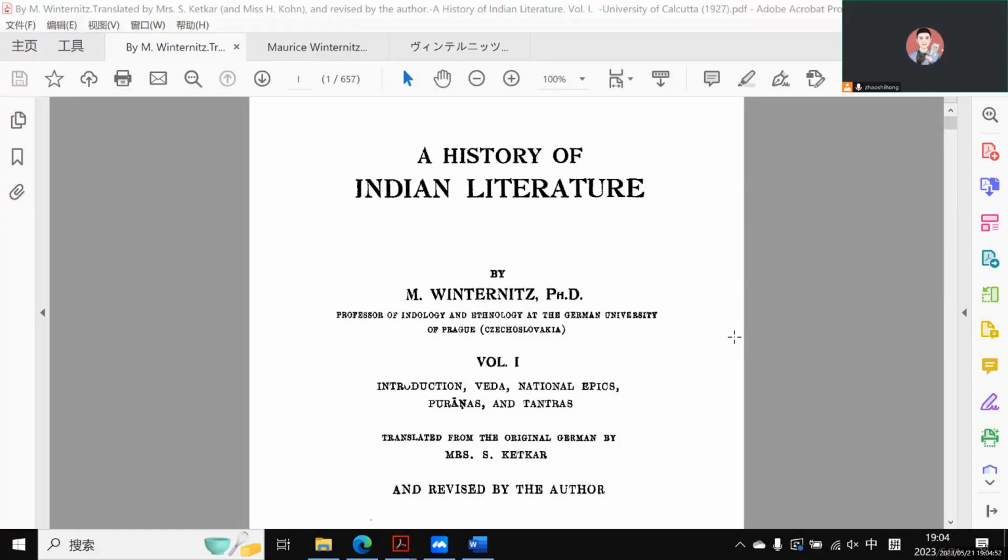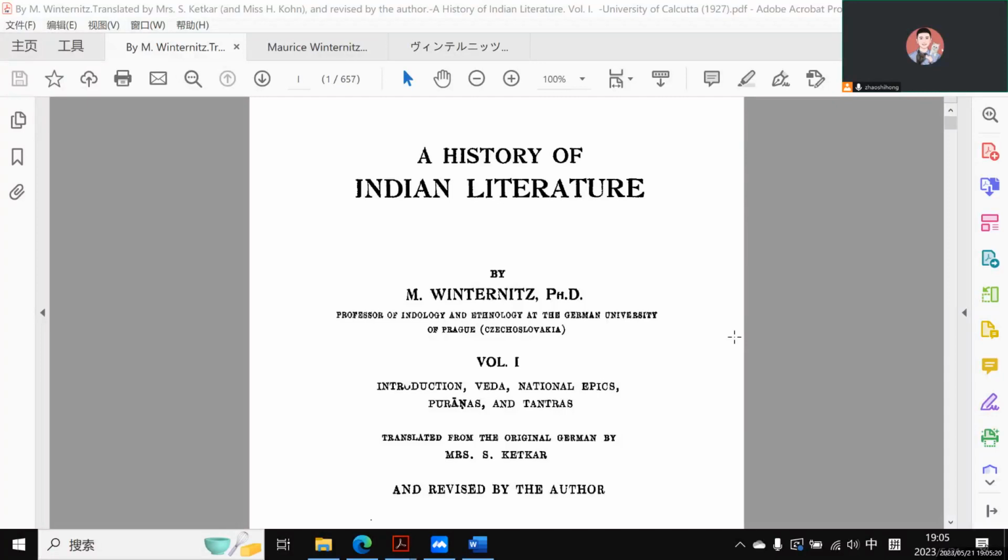More specifically, I should call this course a brief introduction to Sanskrit literature. I say that because in this course we will focus mainly on the history and development of Sanskrit literature in India. And this India basically refers not only to what we understand as India today, but to a geographical and cultural concept of what we understand as India.